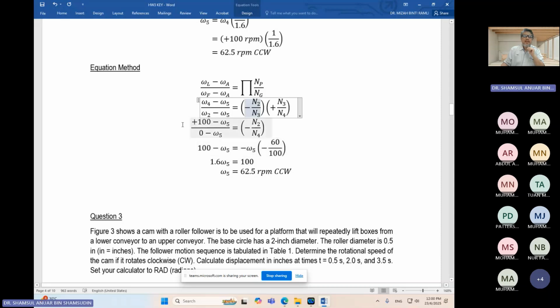And then you plug in the numbers, and you should be able to come up with omega 5 equals 62.5 also. And same direction.